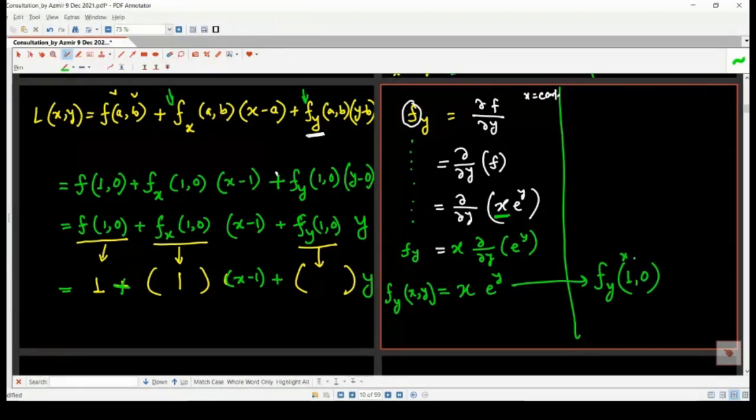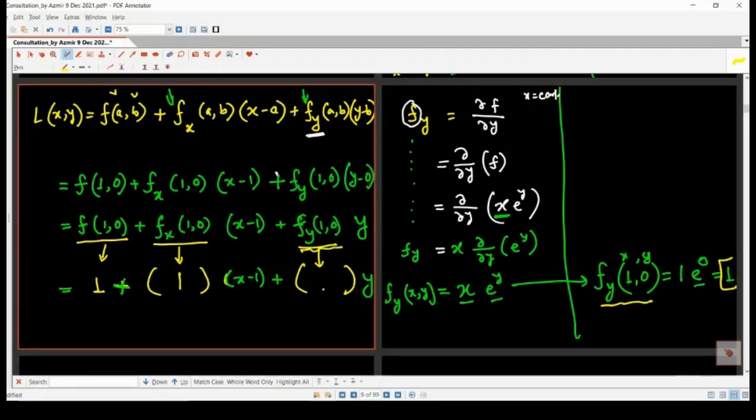Where you have x, you need to input 1. Where you have y, you need to input 0. So x means 1, e power y means e power 0, which is also 1. Finally, you will get 1.